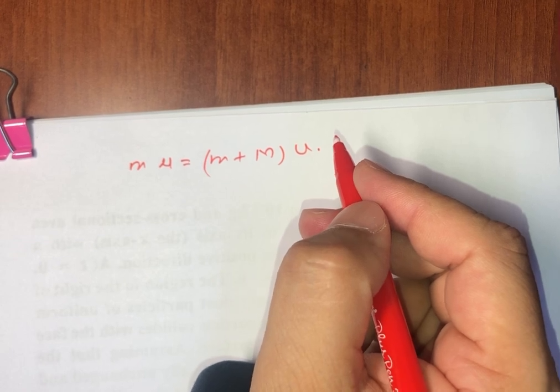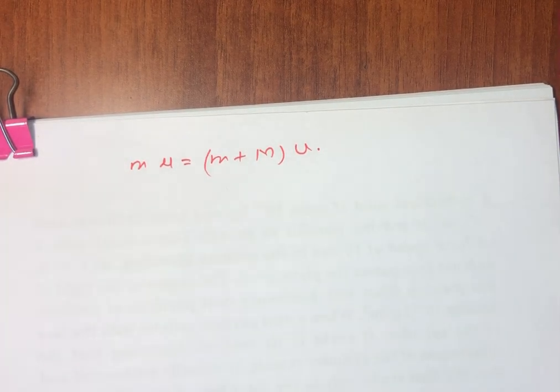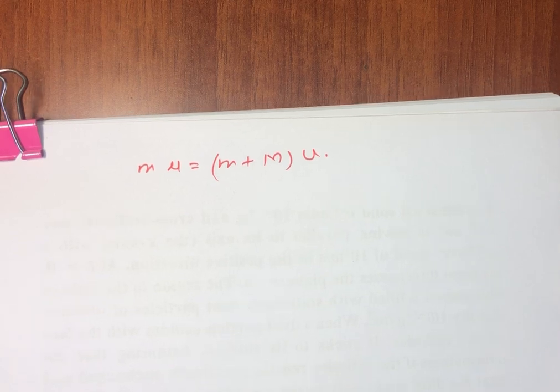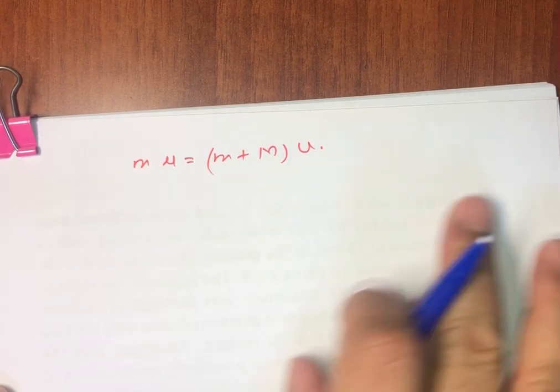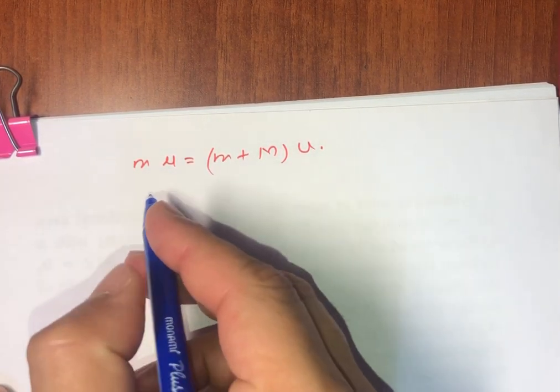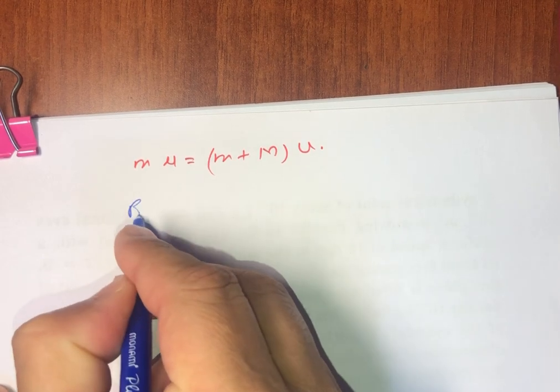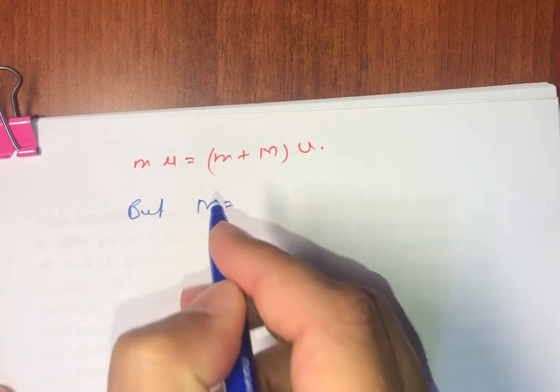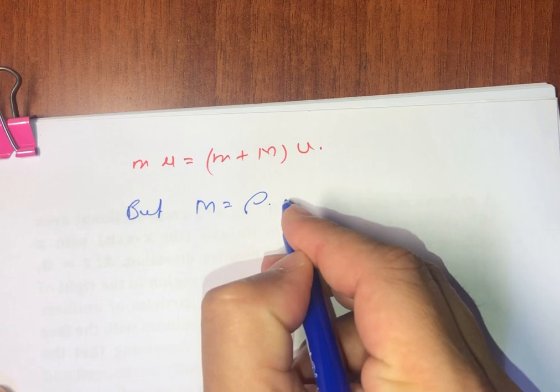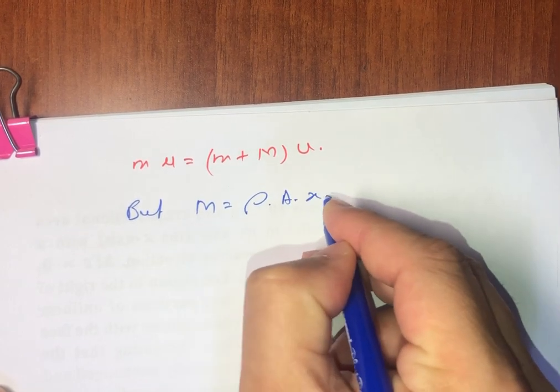And for the mass of the dust particles accumulated on the face of the cylinder, that mass can be given as density multiplied by area and the thickness.